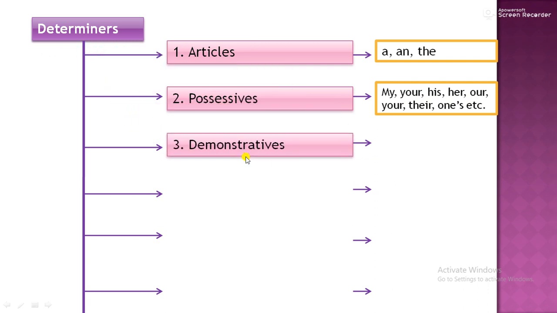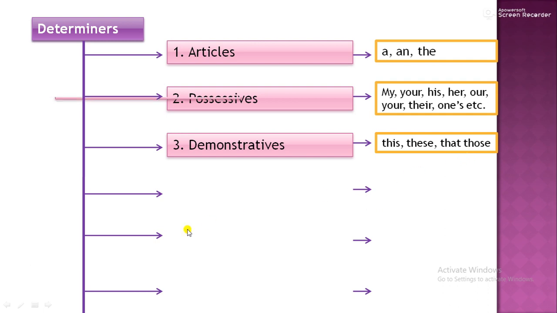Next one, demonstratives. Examples: this, these, that, those. These flowers are looking very beautiful. This house is red in color. Then that house is blue in color. Those are my books.